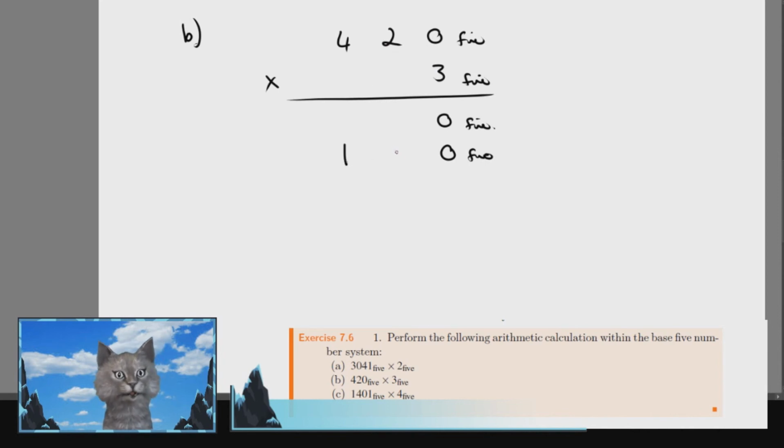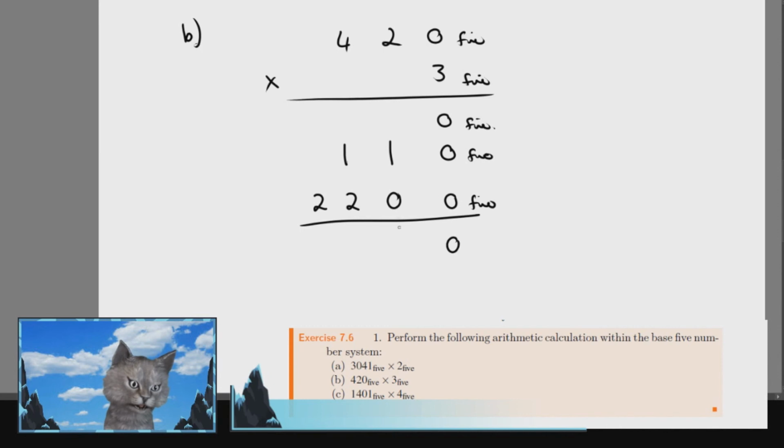It's 1 group of 5 and 1 left over. Pad it with 2 zeros. 3 times 4. In my language, I say 12, but I can't write 12. 12 is 2 groups of 5, 2 left over.